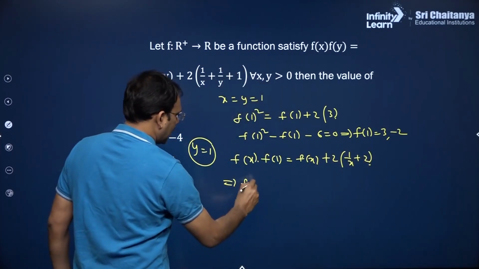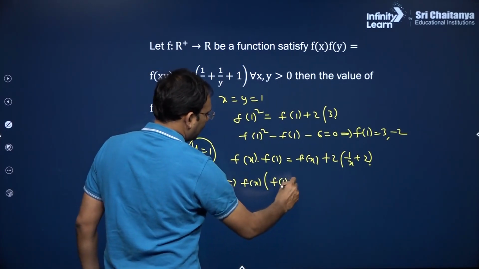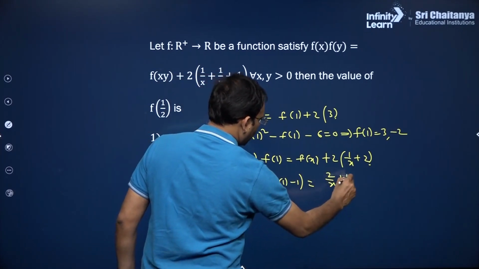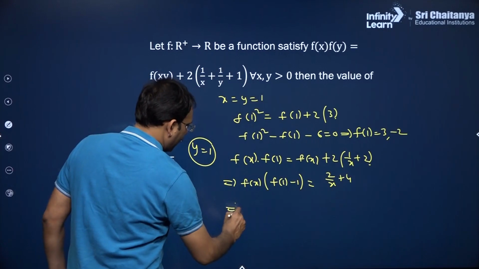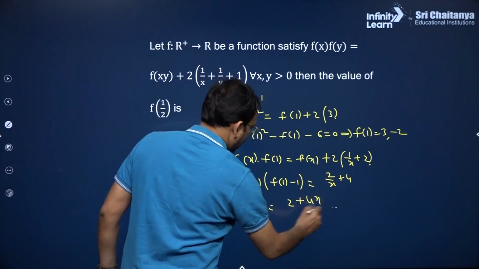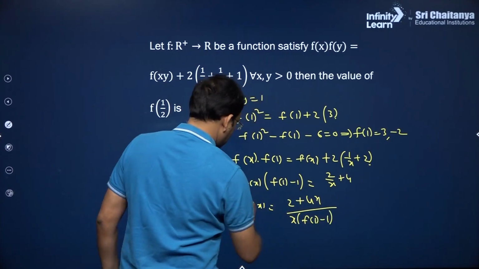So you just take f of x, bring here common, f of x into (f of 1 minus 1) is equal to 2 by x plus 4. So friends, f of x is going to be (2 plus 4x) by x into (f of 1 minus 1). This is the one.